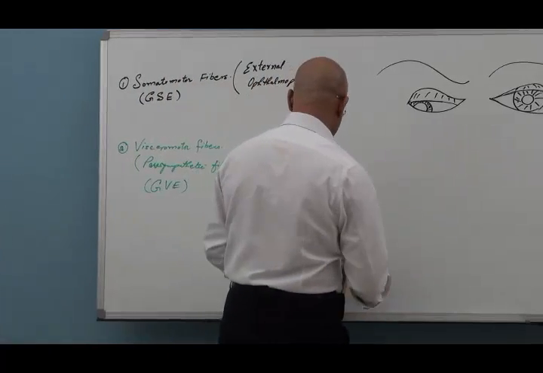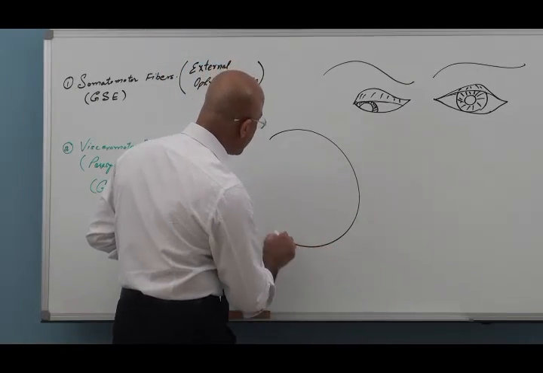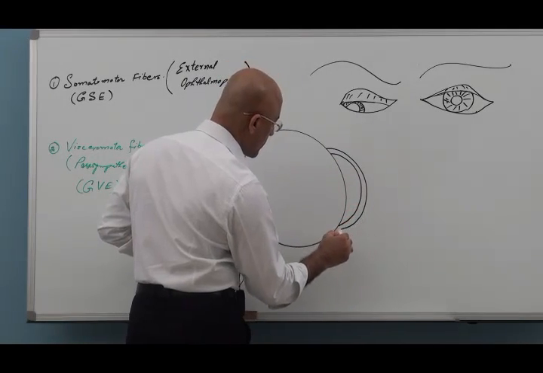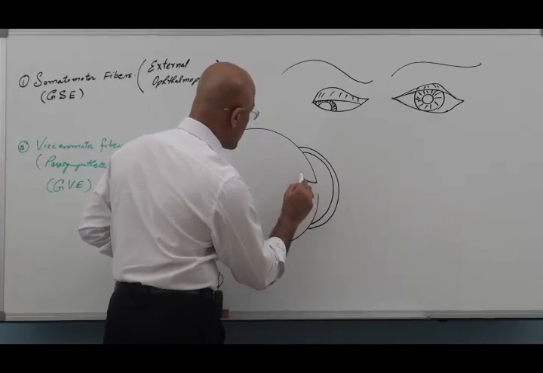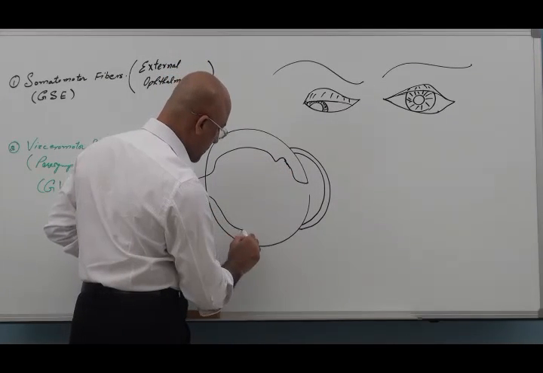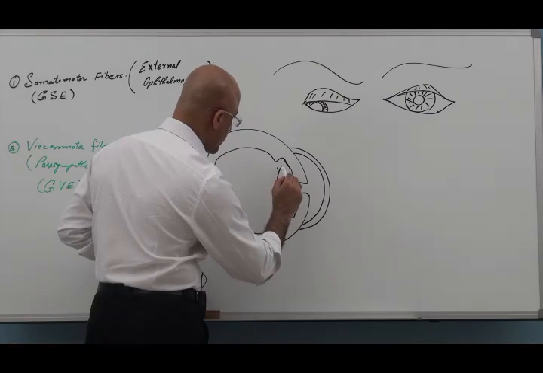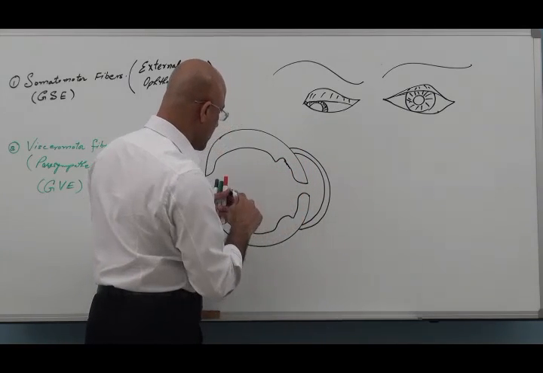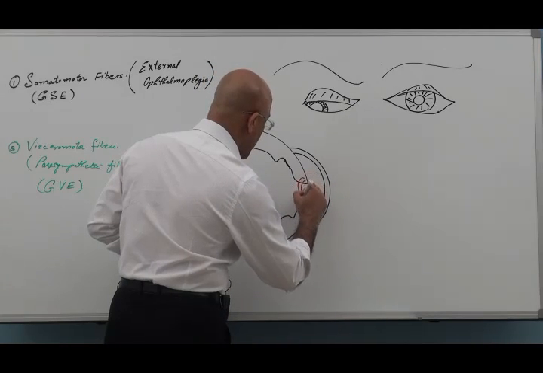So for that purpose, I will again draw the eyeball and try to make it more clear. Yes, I will make the lens here, and here is constrictor pupillae muscle, right?